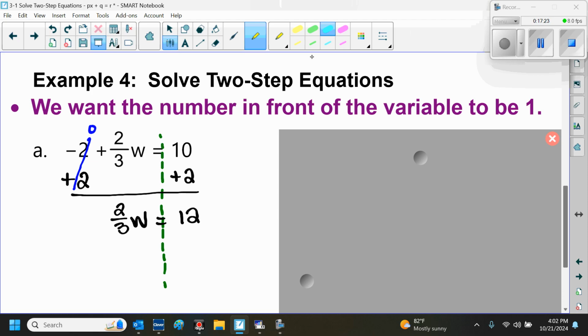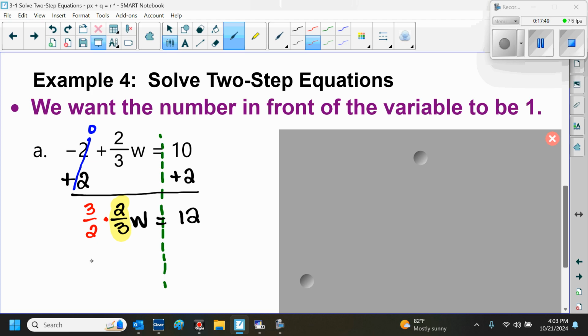Now, we want the number in front of the variable to be 1. So what am I going to multiply 2/3 times to make it equal to 1? 3 over 2. 3/2. That's how we say that. So we're going to multiply times 3/2 here.